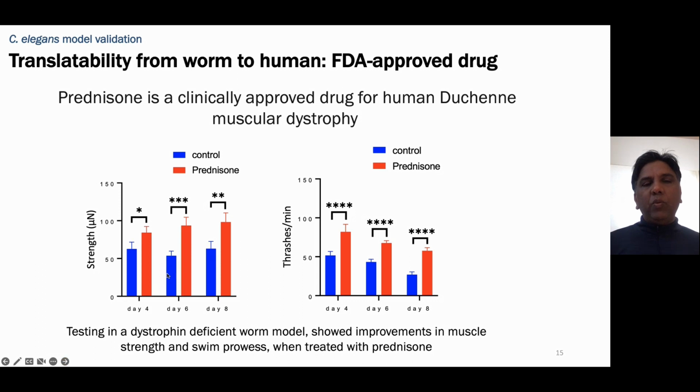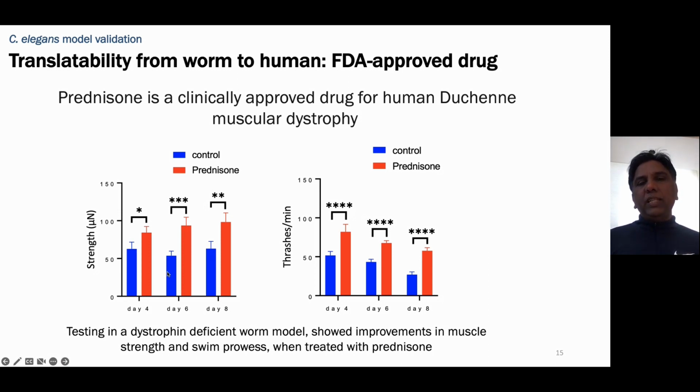Now, the last example I want to give in terms of the translatability is a study which we did in a disease model of dystrophy. And the idea here was that the FDA-approved drug prednisone is an effective treatment for this disease. So then the open question was whether prednisone would also rescue muscle function in the disease model in C. elegans.